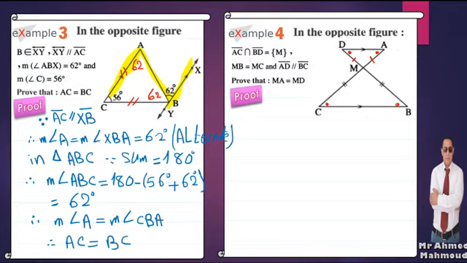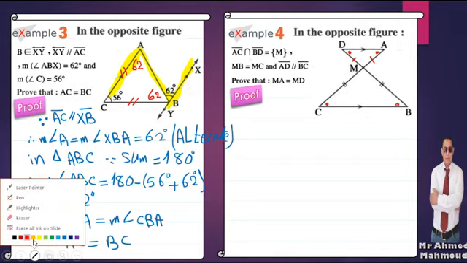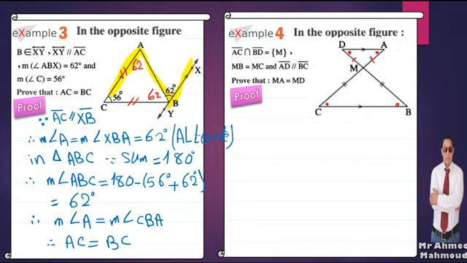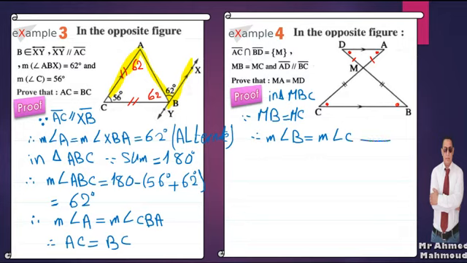Now I'm going to write the proof. Since in triangle MBC, since MB equal to MC, therefore measure of angle B equals measure of angle C, and this is relation number 1.